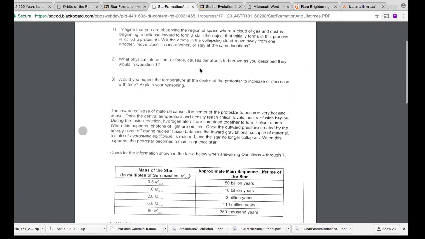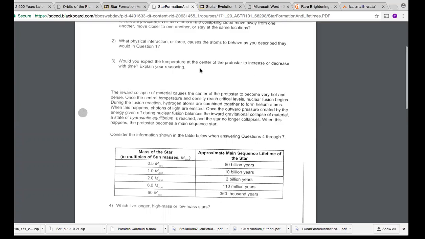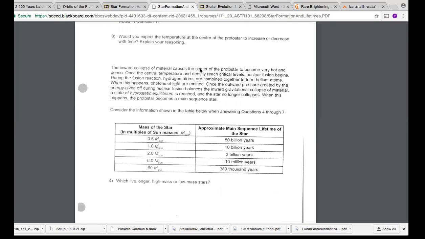Very good. Okay, number 2. What physical interaction do the atoms have, as you described? Gravitational contraction? Gravity, yes, the force of gravity or gravitational interaction. Okay, perfect. What about number 3? Would you expect the temperature of the center to be increasing? It's increasing. Very good.